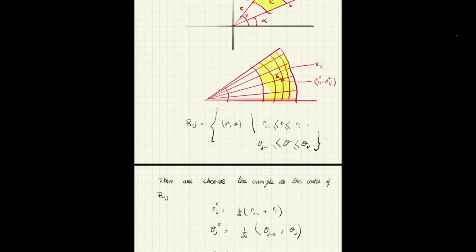We took all of this angle, right? So each one has, this is delta theta. So if you divide it by n, n times delta theta will give you the whole angle.